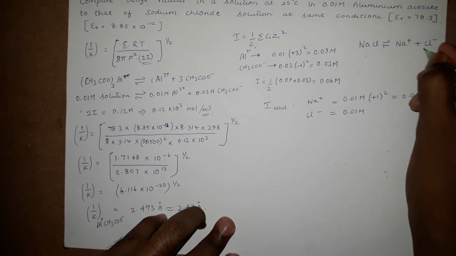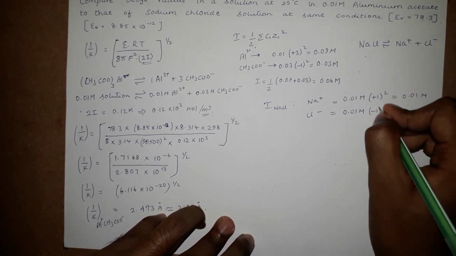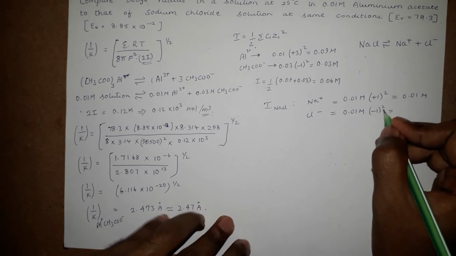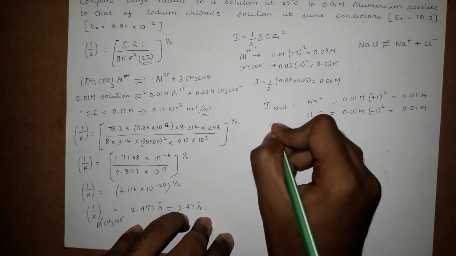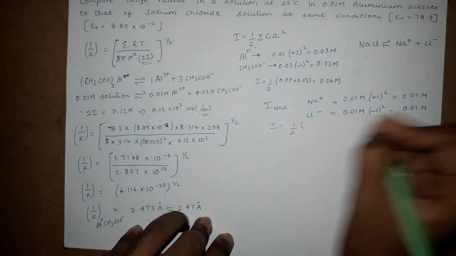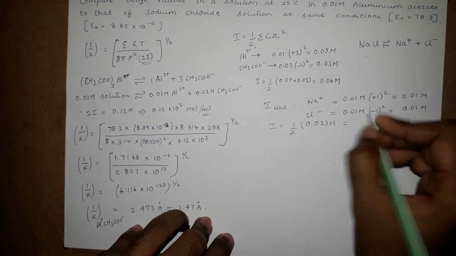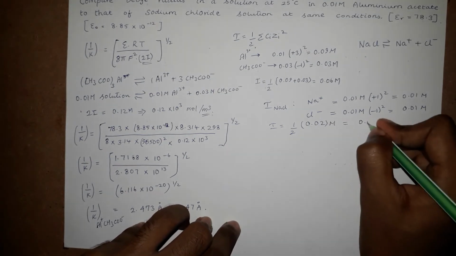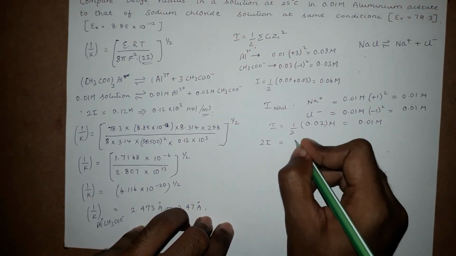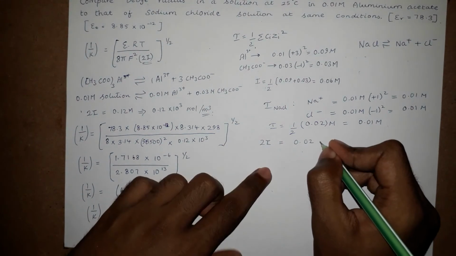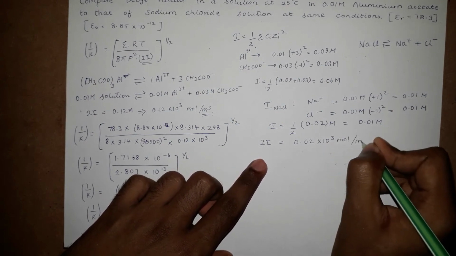Chloride also has the same 0.01 molar concentration. Charge is minus 1, whole square is 1, so 0.01 molar. Therefore, I is equal to 1 over 2 times the sum of these two terms, which is equal to 0.02 molar. We need 2I. 2I is equal to 0.02 into 10 raised to the power 3 mole per meter cube.